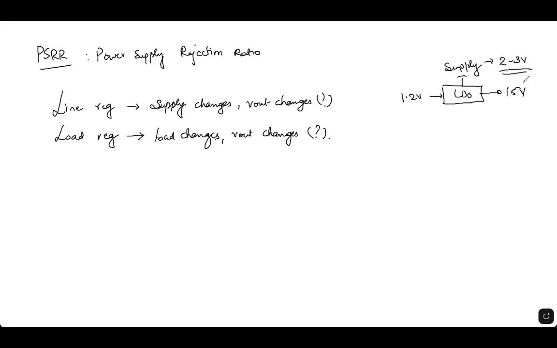It can swing between 2 to 3 volt. So 2 to 3 is a huge range. Why? Because at 2, you have only a drop of 500 millivolts. At 3, it becomes 1.5 volts itself. So it's a huge number, right?